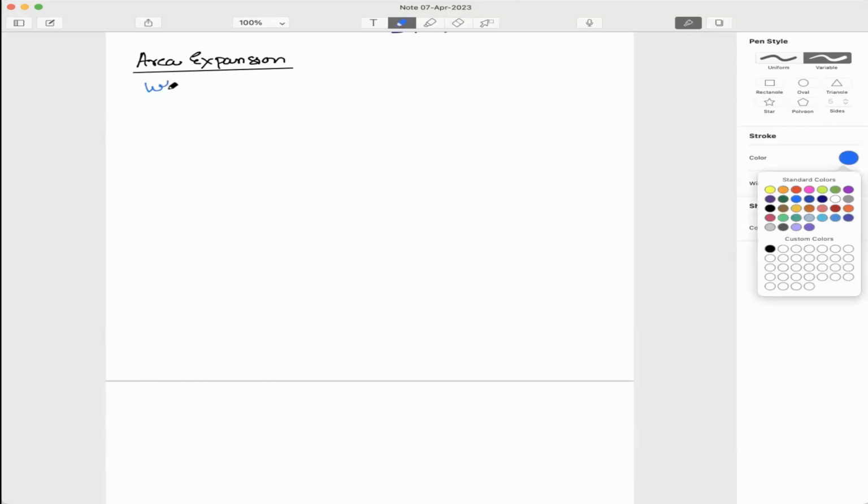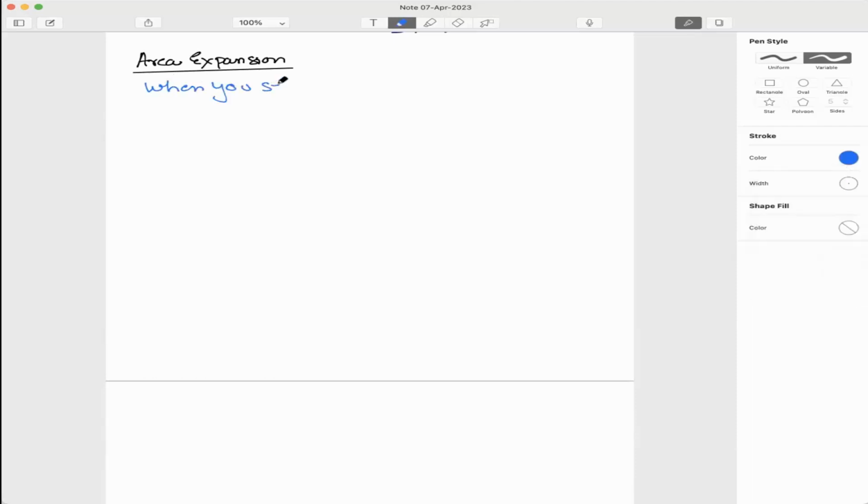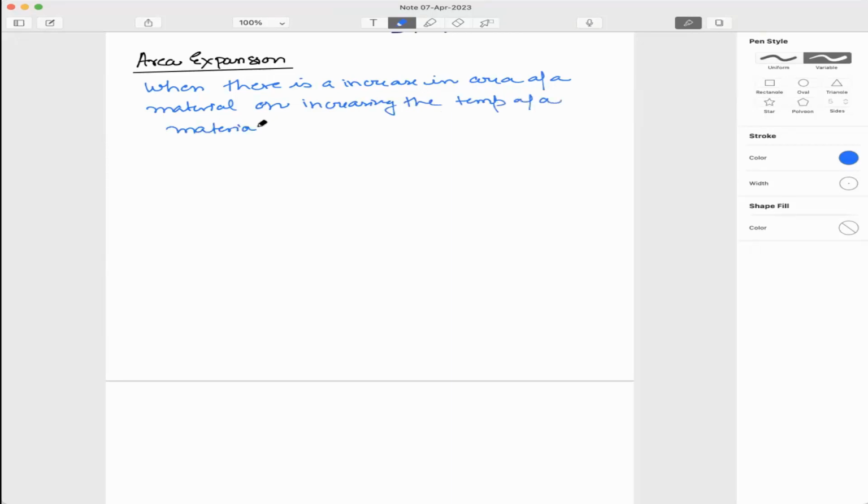Area expansion is when there is an increase in the area of a material on increasing the temperature of the material.